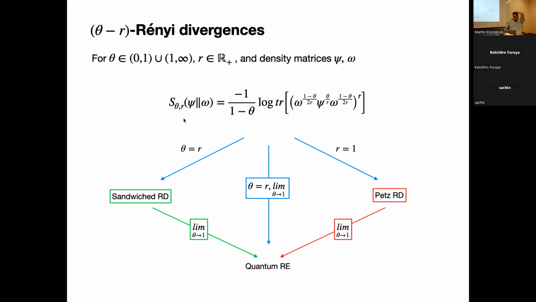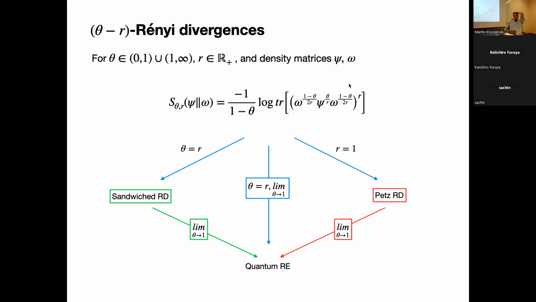Now, the thing I want you to keep in mind at this point is that in this generalization, inside the trace or inside the log, the density matrices are placed symmetrically, like you're sandwiching psi with omega with the same power here.